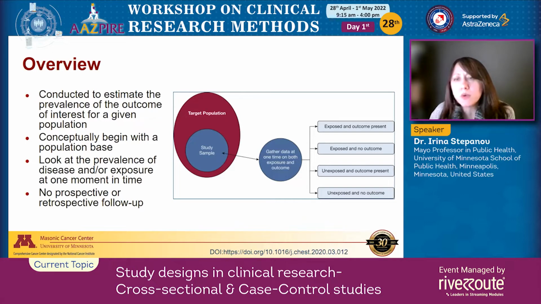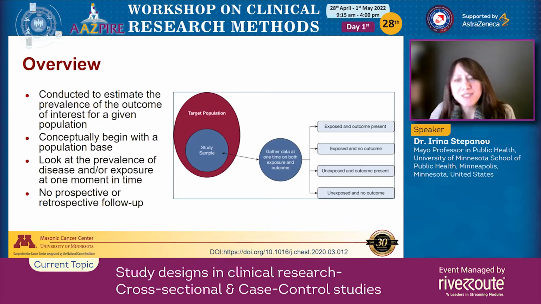Cross-sectional studies are also different from cohort studies in terms of the populations that are being studied. For example, in cohorts, you begin by selecting a population of people who are at risk for a specific disease or for a specific health outcome.